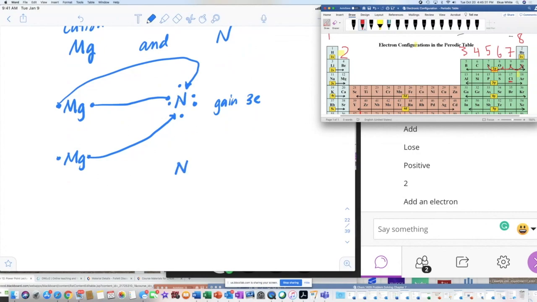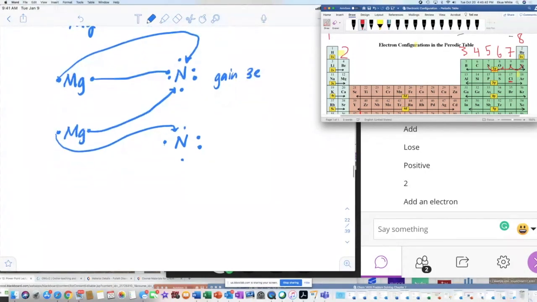Nitrogen comes here. 1, 2, 3, 4, 5, right? So this magnesium gives to that nitrogen. But look, we got more room. So bring in another magnesium right here. As I said, we do an interesting one. So finally, we got this over here. We got this over here.